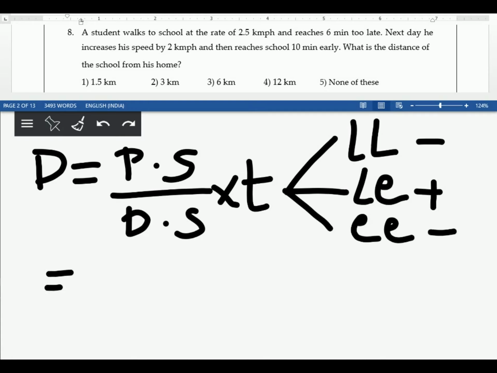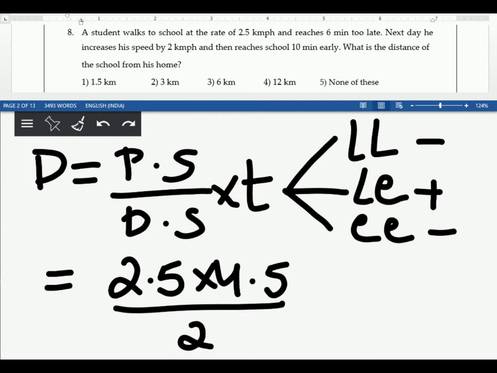But here in the question, product of the speeds 2.5, later it is increased by 2, that is 4.5, by difference of the speeds into 2. Here we have one late and one early, so we need to add the 10 minutes plus 6 minutes, that is 16 minutes.